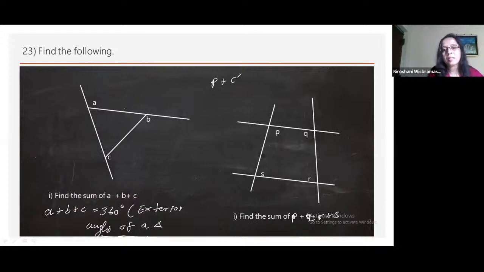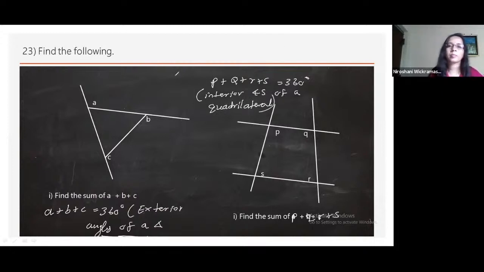P plus Q plus R plus S is 360, interior angles of a quadrilateral.